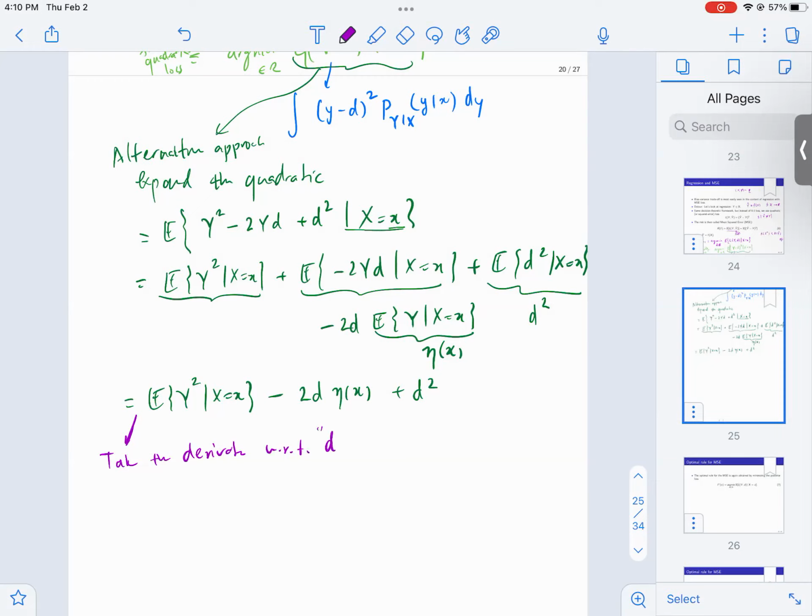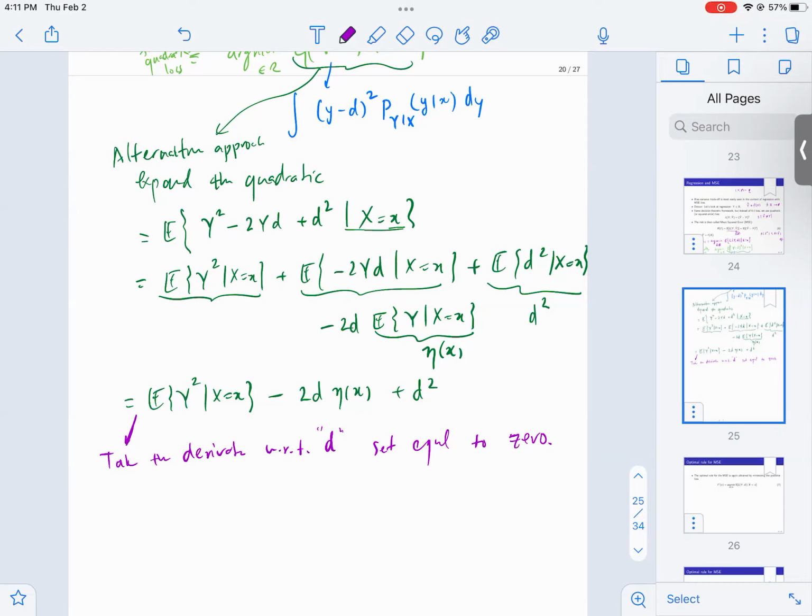This is a quadratic function, and you should know it has a minimum because the sign here is positive, so it's convex. If you take the derivative and set it equal to 0, you're not guaranteed to get a minimum; you're going to get a stationary point. So you know that if it has a minimum, it's going to be among these stationary points. But in this case, there's going to be one stationary point, and it will be a minimum.